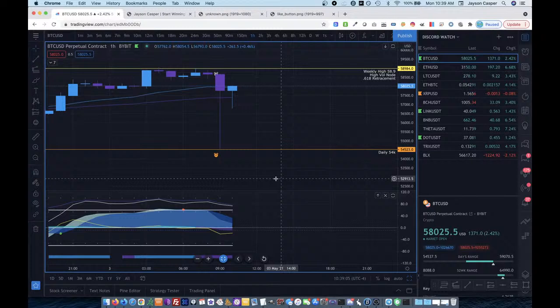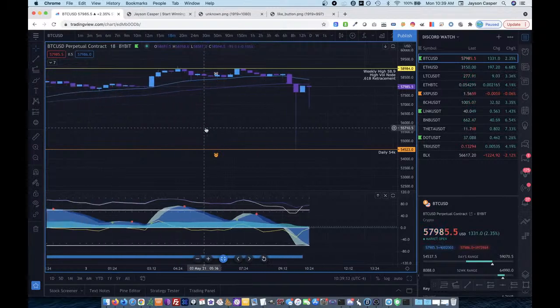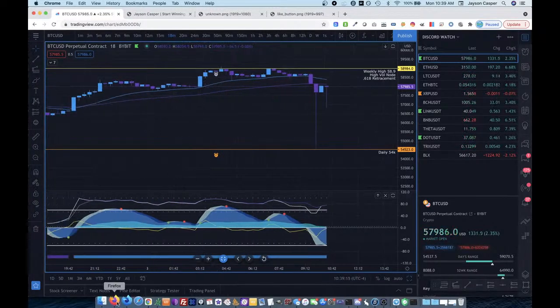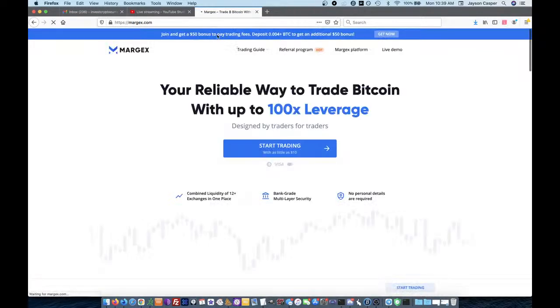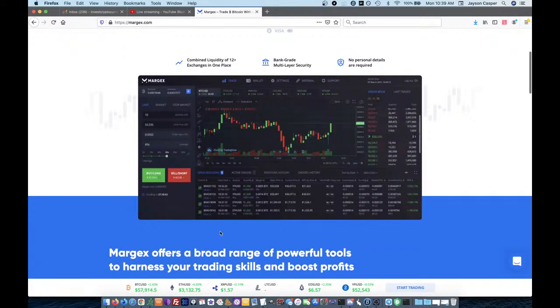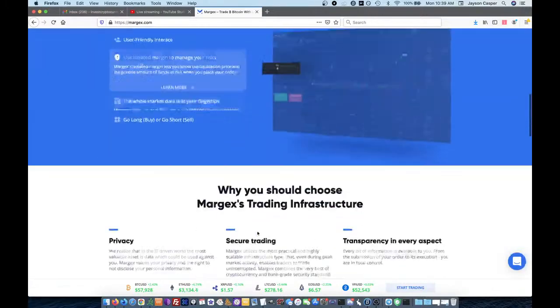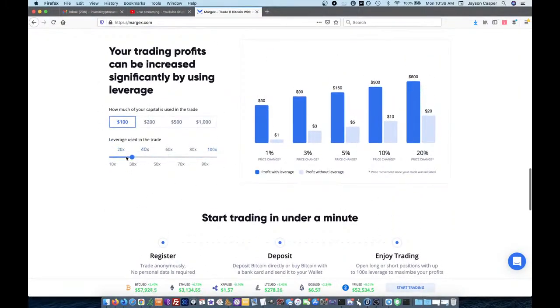Well, I have been using other exchanges. I've been using MARGEX. MARGEX is a nice, cool thing here, where you can trade with leverage. It's not like Bybit. You can open up multiple trades at one time. The only qualm I have with MARGEX is that when you withdraw your profits, it took very long for me to get that into my wallet. It took over 24 hours. I was starting to freak out.